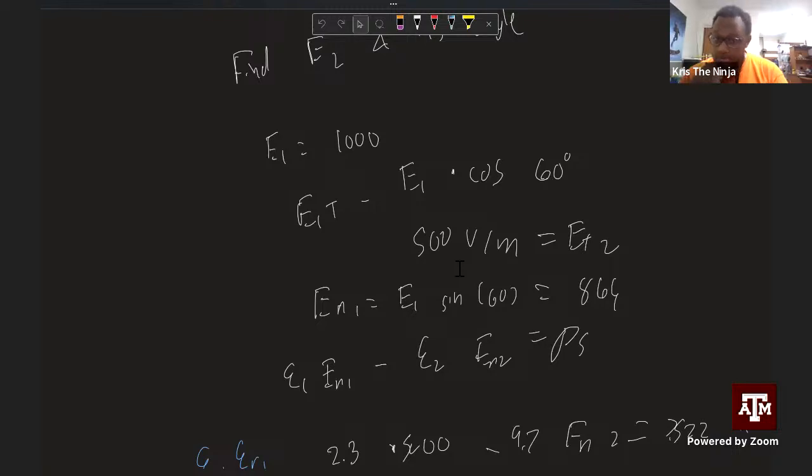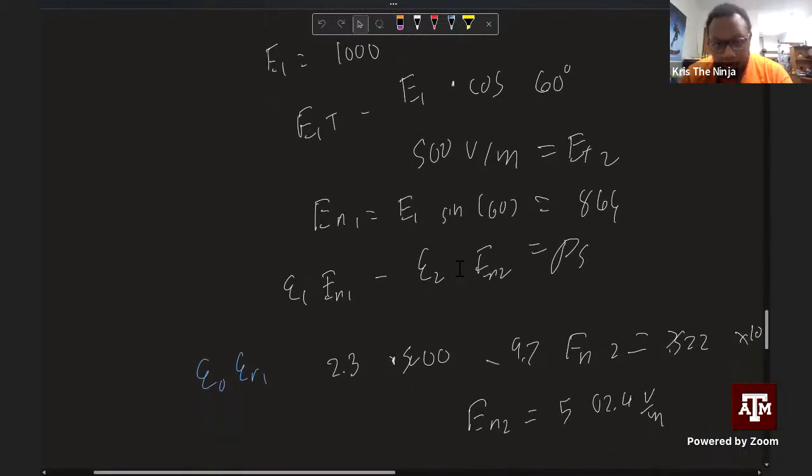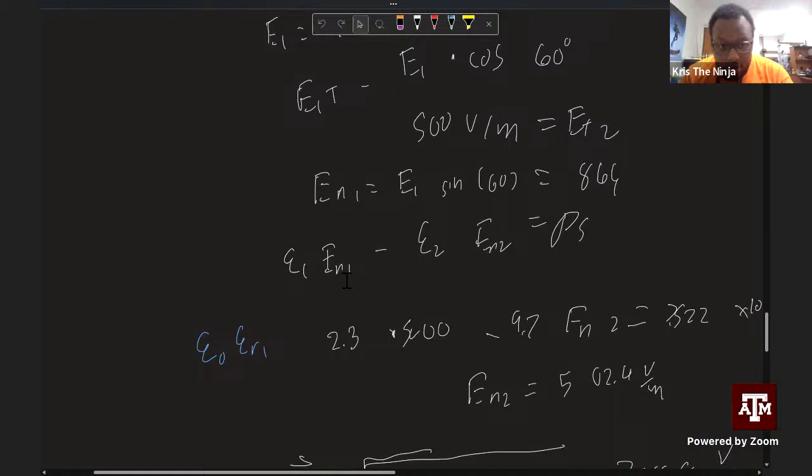So E2 tangential is 500 volts per meter. The normal component is E1 times sine of 60, so that's 865 because it's square root of 3 over 2. So En1 minus En2 is about, I think, 70.